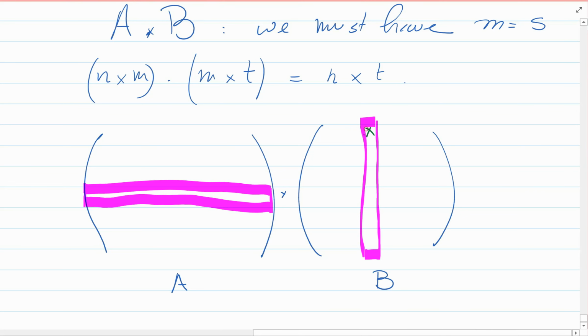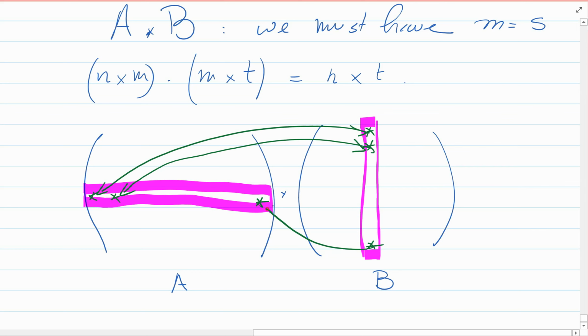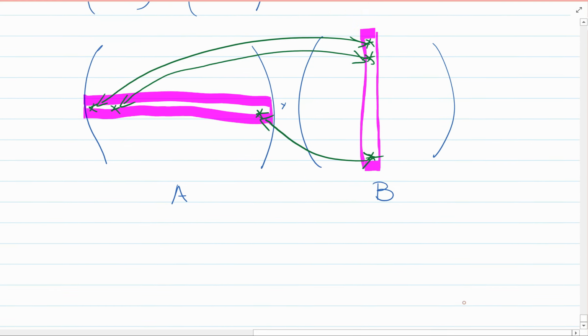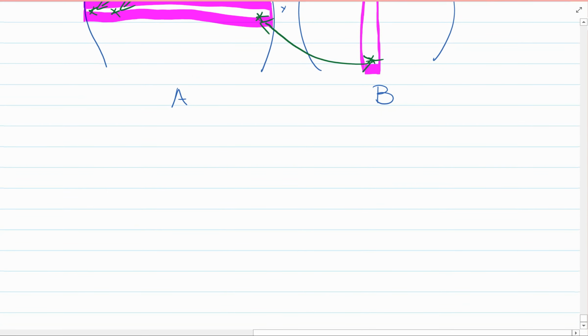You take the first number times the first number, second number times the second number, and continue this way till you generate all the products, and then you add them to generate the associated number that you want. Okay, so let's do an example here.